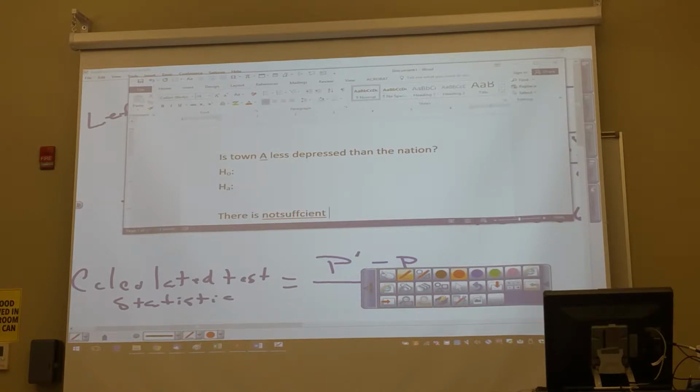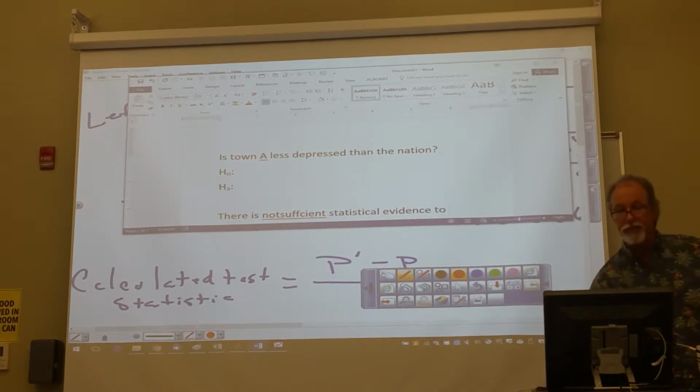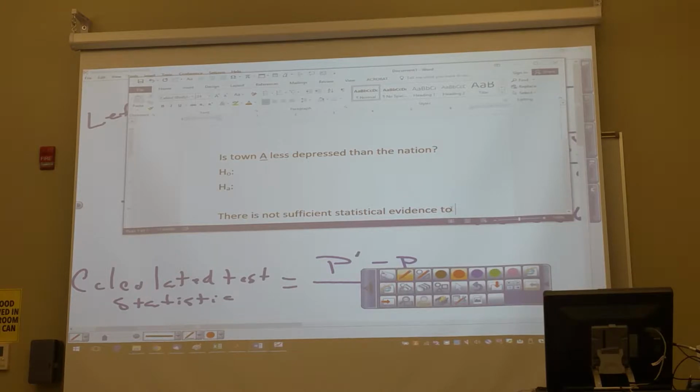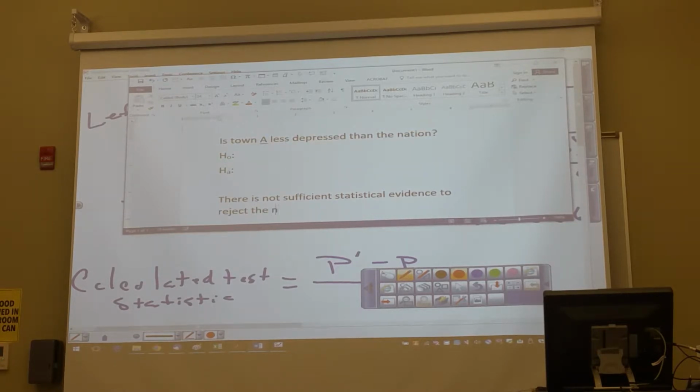What is this class? Statistics. Evidence. There's not enough sufficient statistical evidence to do what? To reject the null hypothesis.